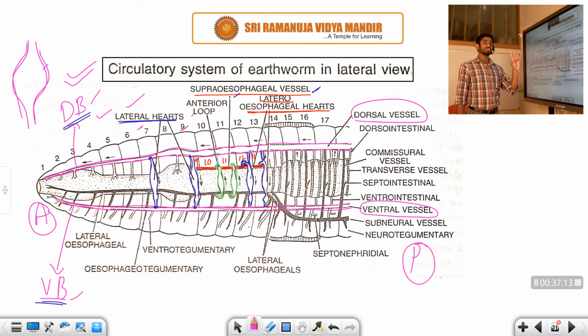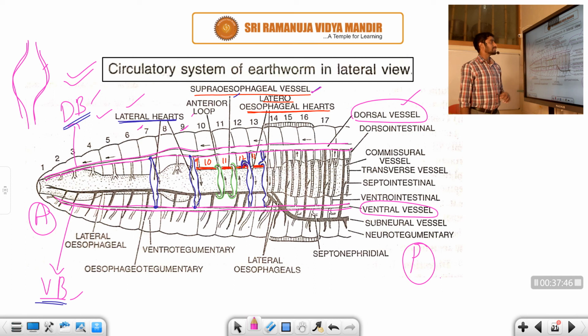Totally there are 4 pairs of hearts: 2 pairs of lateral hearts and 2 pairs of lateroesophageal hearts. The lateral hearts in the 7th and 9th segments connect the dorsal and ventral blood vessels, whereas the lateroesophageal hearts are in the 12th and 13th segments. They connect the dorsal and ventral blood vessels and also the supraesophageal blood vessel. I hope you understand now.